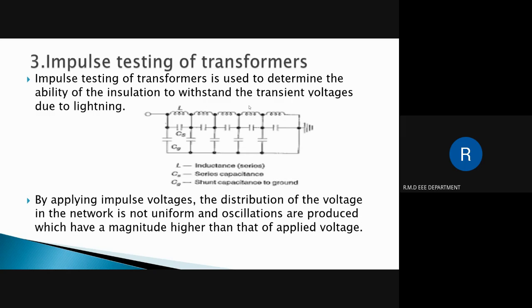So this is the impulse testing, and the procedure has different steps. Impulse testing can be done with the following steps.